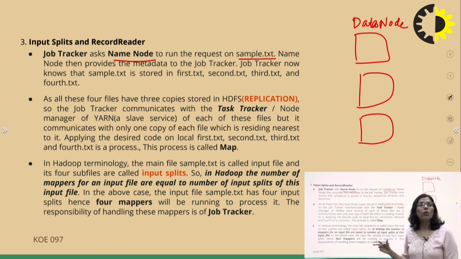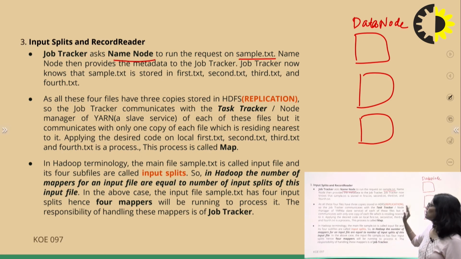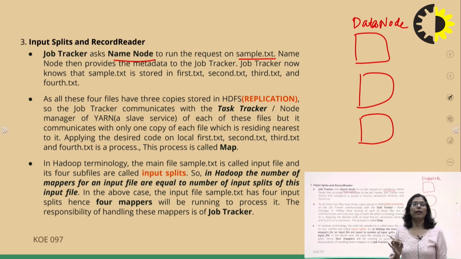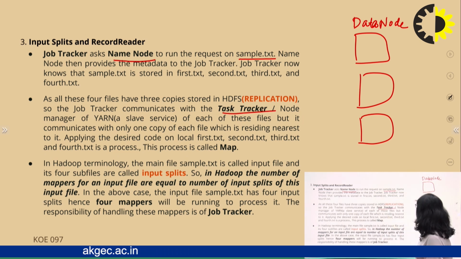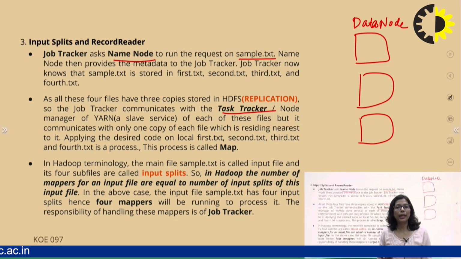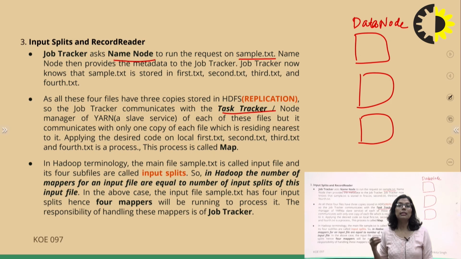Fine. Now, as you all know, in HDFS we have the concept of replication: one data block is kept on 3 nodes, replicated 3 times. So I have to access only one copy. I will communicate with the task tracker, which is available at the data nodes. I will communicate with the task trackers on all my data nodes to know, are you active or not?